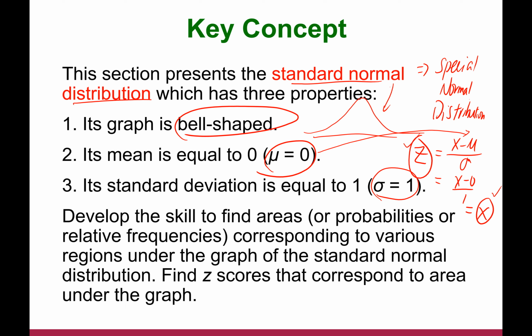That's a very special feature of the standard normal distribution. In this particular section, we're going to develop a skill to find areas. We call that probability. Area and probability mean the same thing. We're going to use the z-score as a tool to find the corresponding area under the graph.